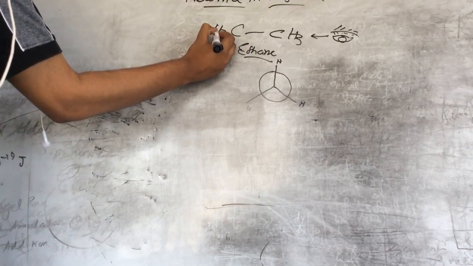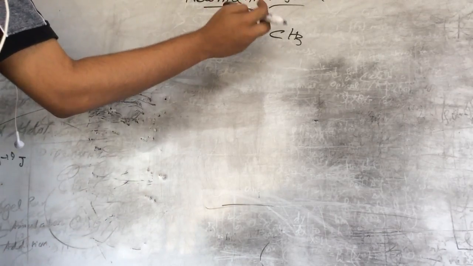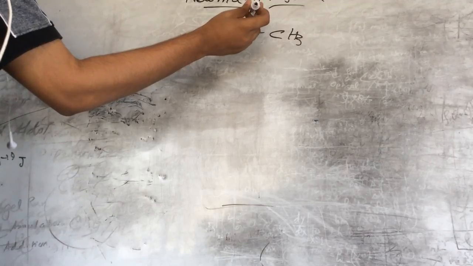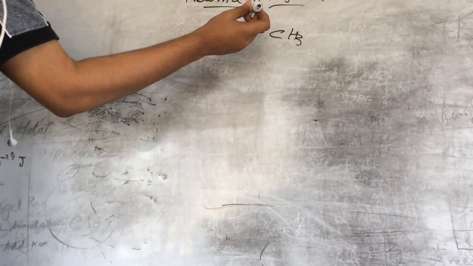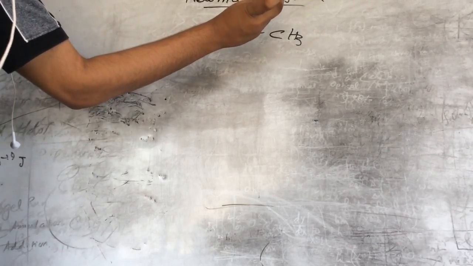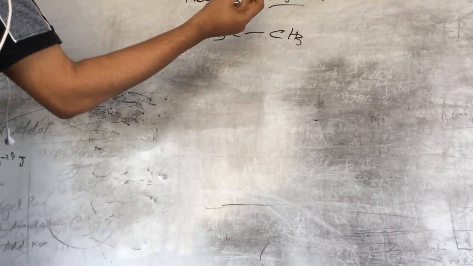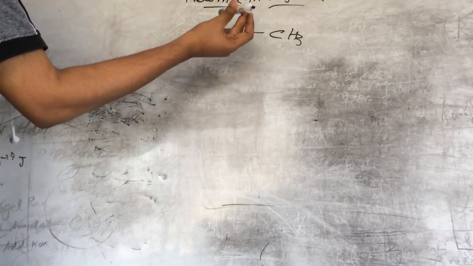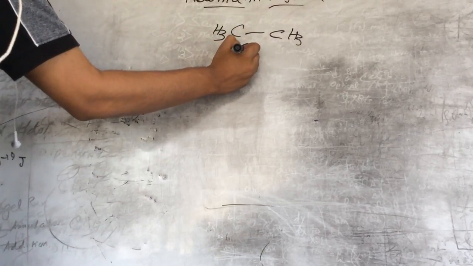So the thing is that I have drawn the structure in which when you view along any one of the sides, we represent the front carbon as a dot and the back carbon as a circle. As you see, this one is a dot and the behind one is a circle. So this pen gives a perfect representation in Newman projection of this molecule, that is ethane.